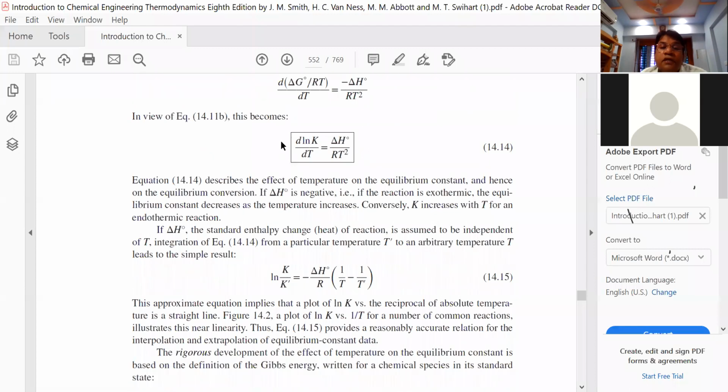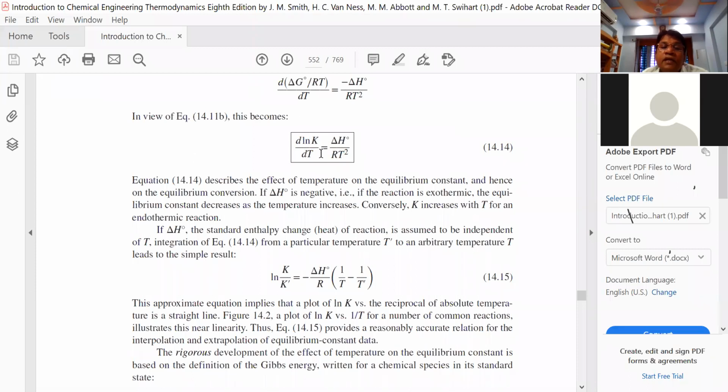So you have the Van 't Hoff equation, d ln K by dT is equal to delta H0 by RT squared. This is the relation between equilibrium constant and temperature. If we integrate it, just separate the variables, take dT this side and integrate.